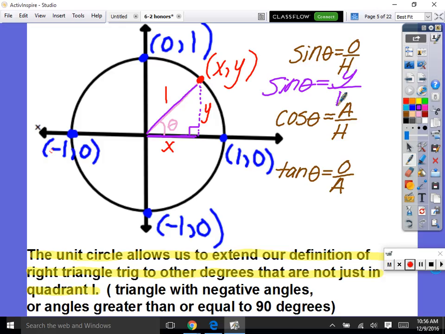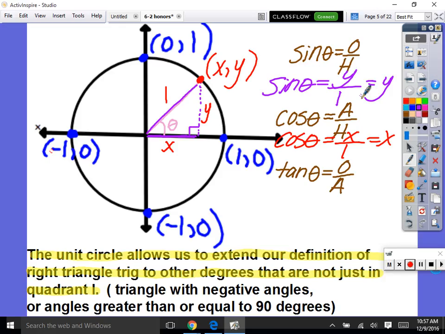So do you guys see why, just a second ago when I said sine of theta equals y, why that is? Okay, awesome. Then cosine of theta is adjacent over hypotenuse. Cosine is adjacent, which is x, over hypotenuse, which is 1. So that's why cosine of theta equals x. Sorry, and sine was y.